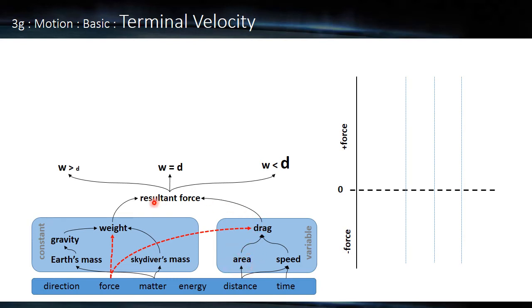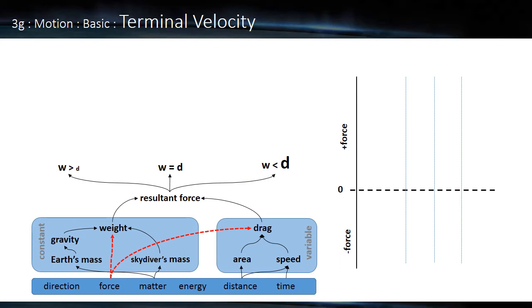Now, these two forces combine to give us a resultant force, which determines the acceleration. And we have three basic situations. The weight could be bigger than the drag. They could be exactly the same. Or the drag could be bigger than the weight. So let's have a look at the consequences of that.